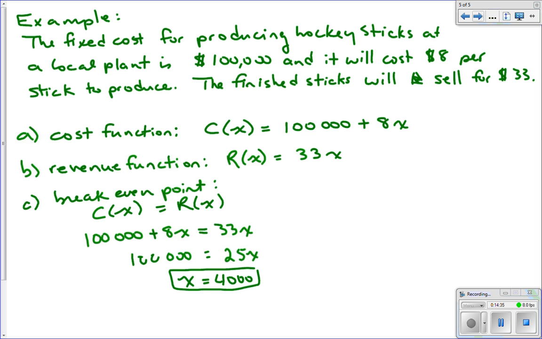Okay, so let's take a look at what the revenue function and the cost function are for that. The revenue at 4,000 is going to be 4,000 times 33, which is 132,000. And let's take a look at what the cost function for that is as well.